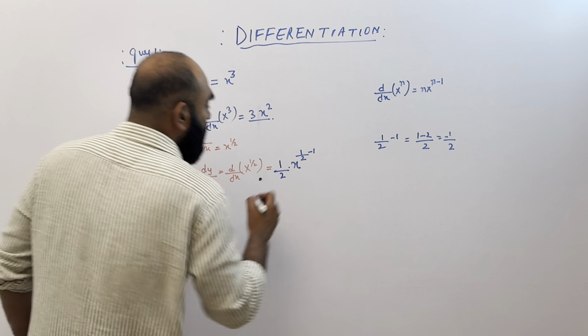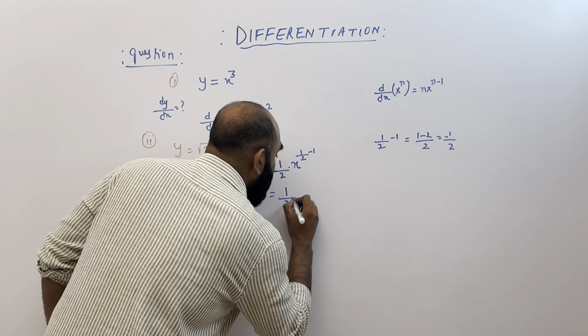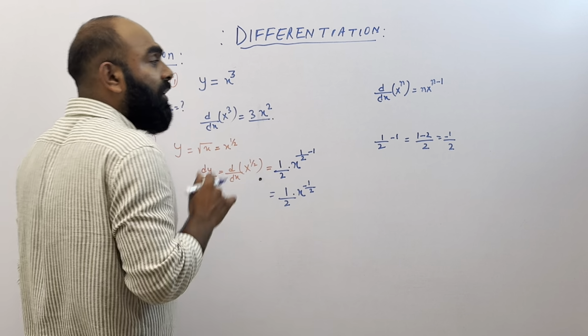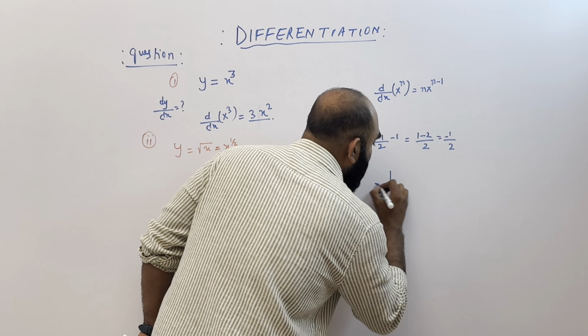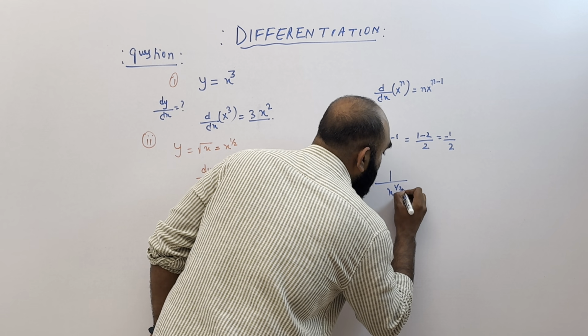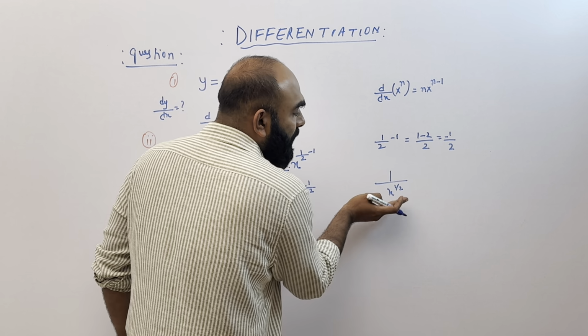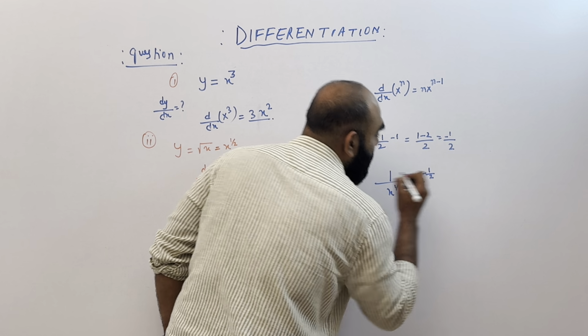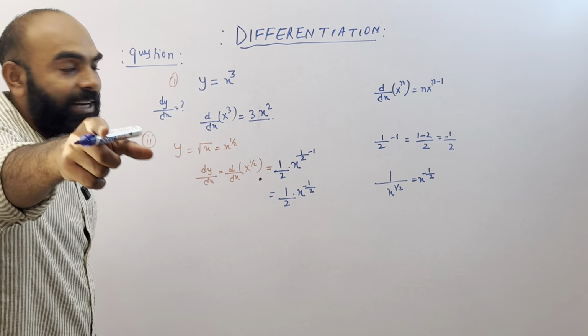So it will come 1 by 2 into x to the power minus 1 by 2. And you know one thing, 1 by x to the power 1 by 2, if it comes in the numerator, can be written as x to the power minus 1 by 2. Correct? Tell me, everyone.